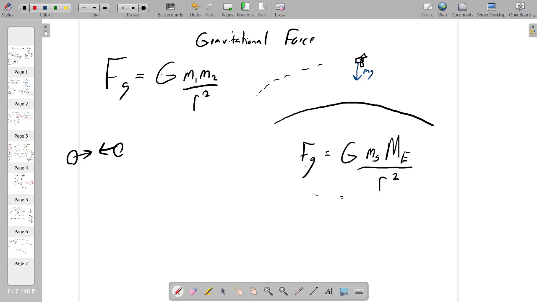All right, so here we could say the force of gravity is equal to my mass. Let's say that this thing's going in a circle. This is the centripetal force. If gravity is the only thing that's acting on it, and you ask, is it accelerating?